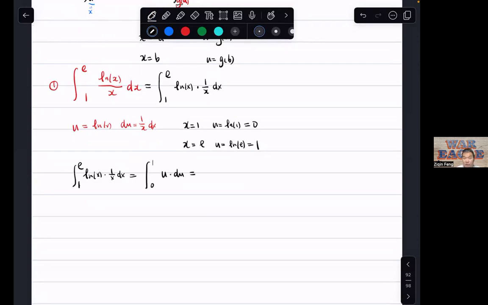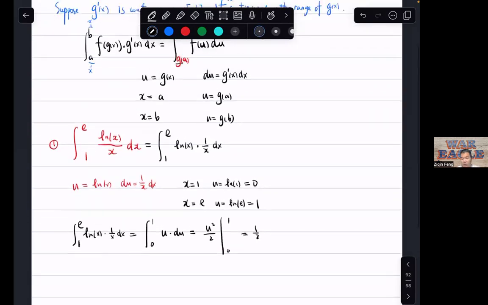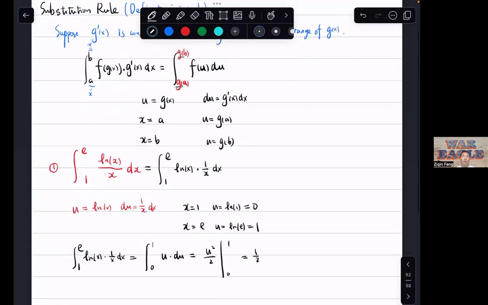The antiderivative of u is u squared over 2, then you plug in 0 and 1. So this is 1/2 minus 0, which is the final answer. This example shows how we use u-substitution to solve definite integrals.